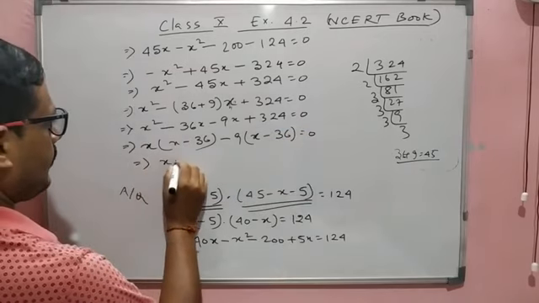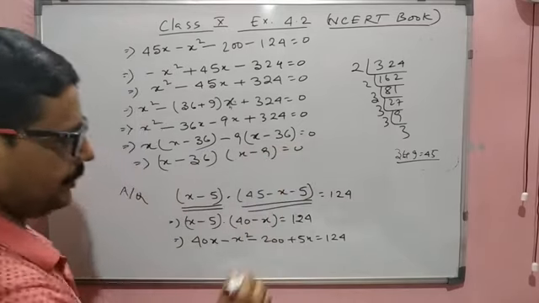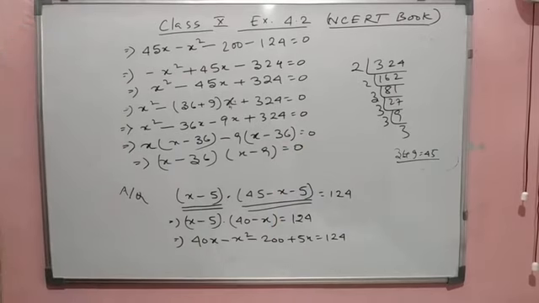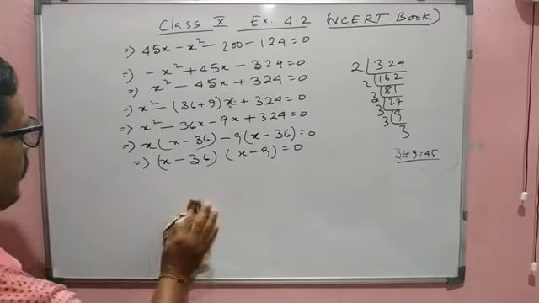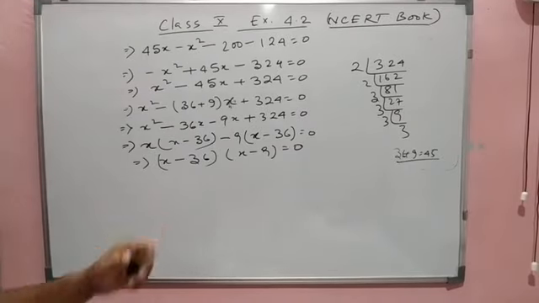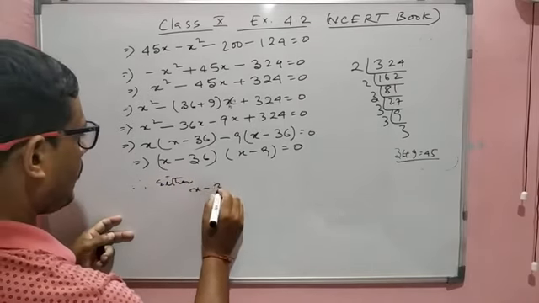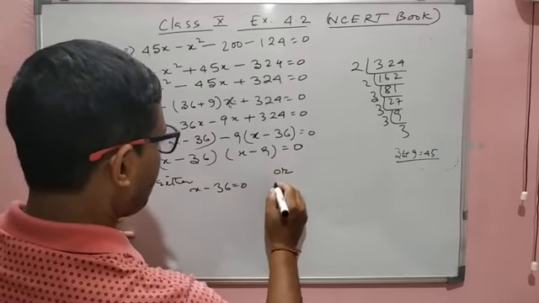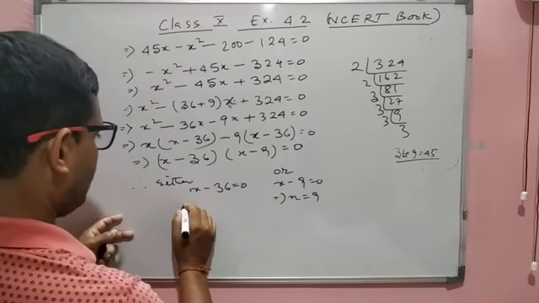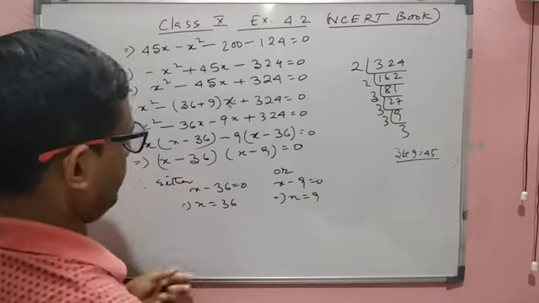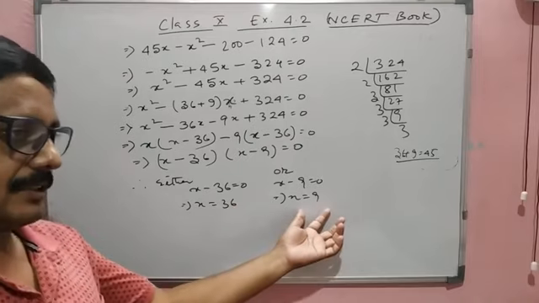Now this implies that x minus 36 whole into x minus 9 equal to 0. So on middle term factorization we get this. Now we got two factors here: x minus 36 and x minus 9. Therefore either x minus 36 equal to 0 or x minus 9 equal to 0. This implies that x equal to 36, and x equal to 9. So here we got two values of x, one is 36 and another is 9.